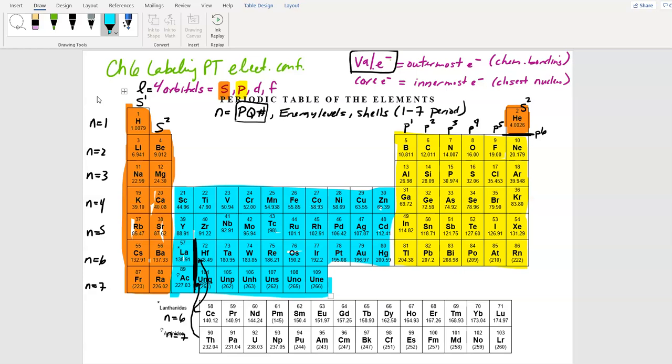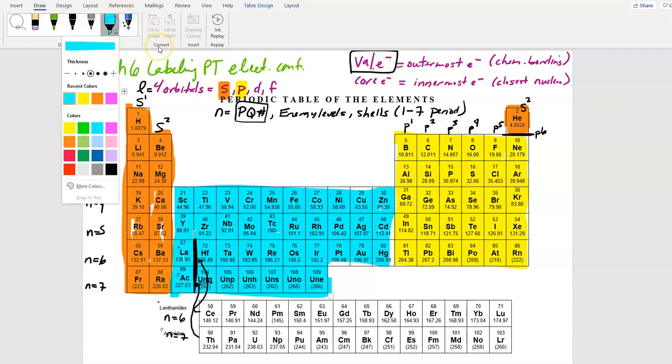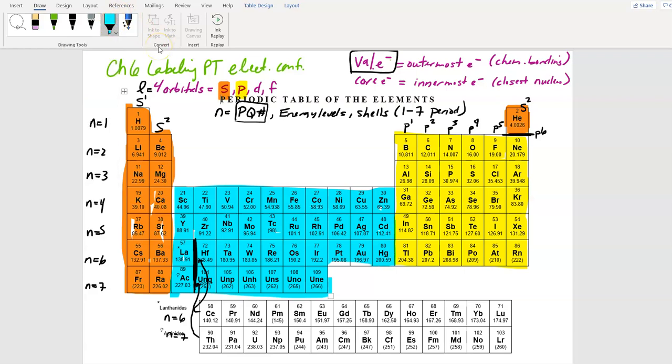If they ask you, well, if so-and-so was placed right here under polonium, what would be its configuration? I've never seen them go past radon, number 86 on here. Never really seen them do d's and f's, but we still got to cover it. So who knows what will happen? But I do know they don't test what's called the exceptions to the rule.